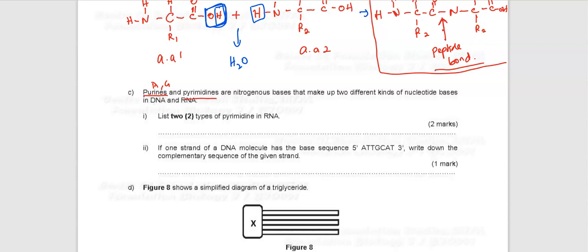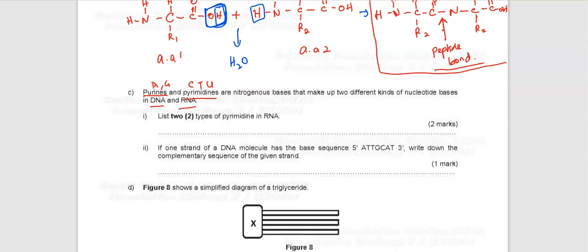As for pyrimidine, the bases are cytosine, thymine, and uracil. So these are the 5 different nitrogenous bases that can be present in DNA and also RNA.